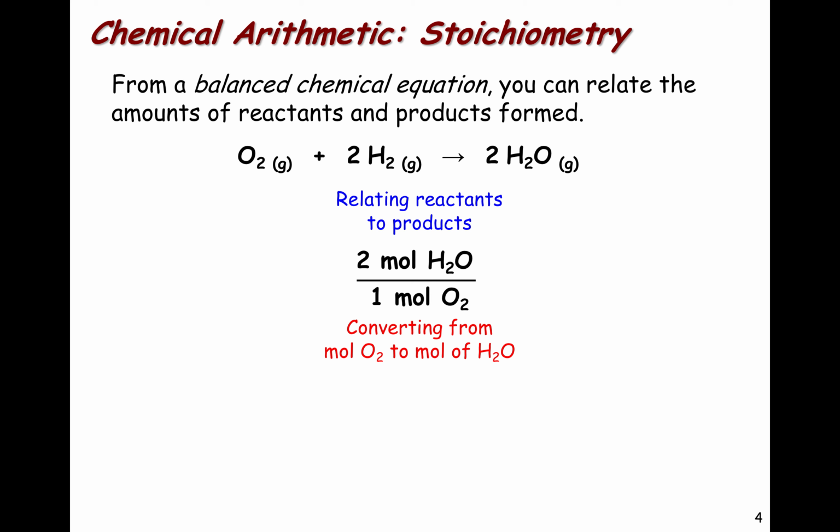So as we see here, if we had 1 mole of oxygen and an excess of hydrogen, then we would end up getting 2 moles of water from the reaction. So our conversion factor there, or ratio, is 2 waters for every 1 mole of O2.